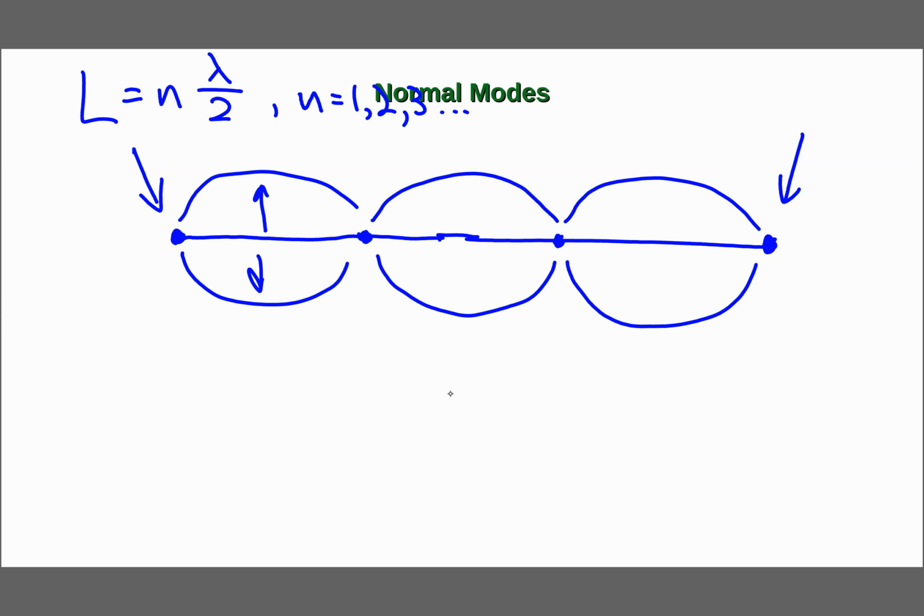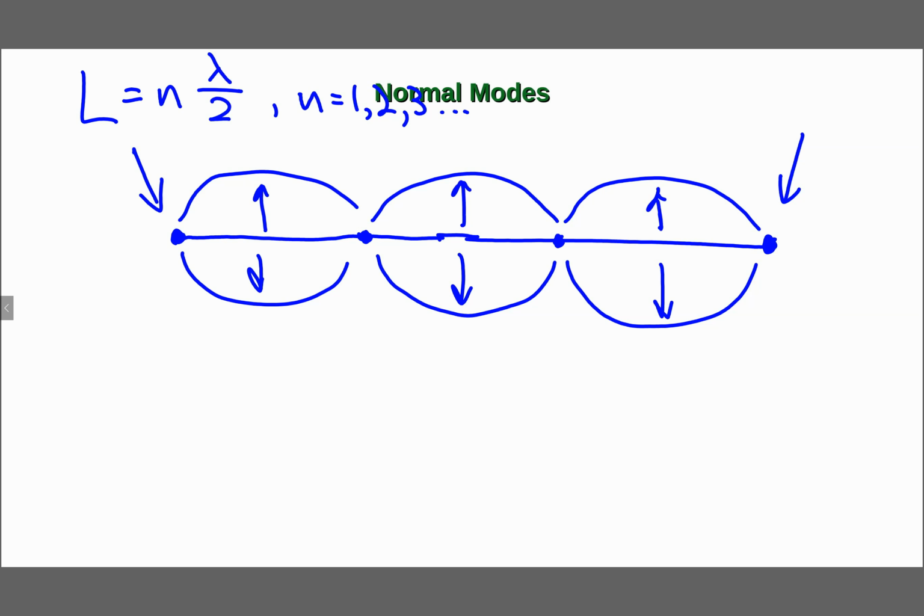Up and down. And you can see that as I make n bigger, I'm making the wavelength shorter and shorter. But always L has to be broken into some number of half wavelengths to get a standing wave on the string, okay?